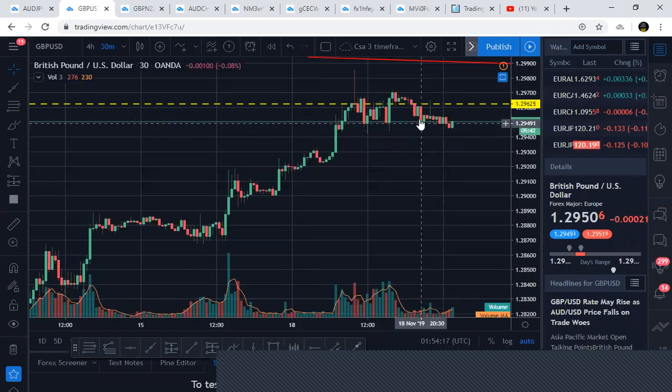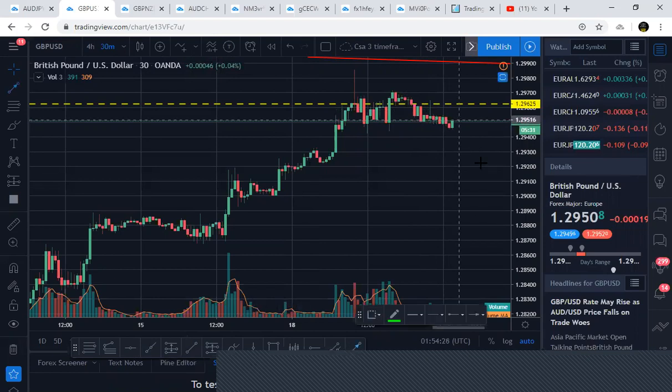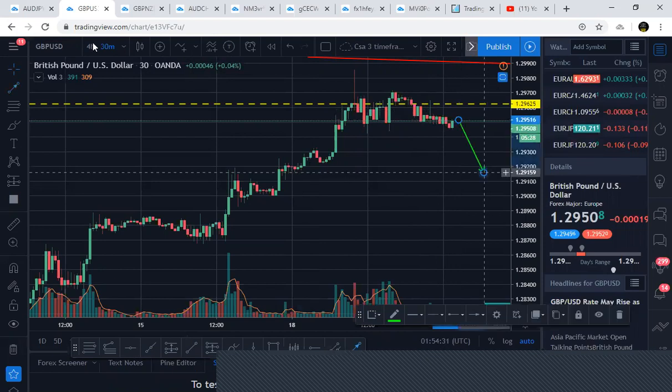We had an engulfing here. Wicks. Me personally, if I was playing GU, I'm looking for more downside, more downside potential to a previous zone.